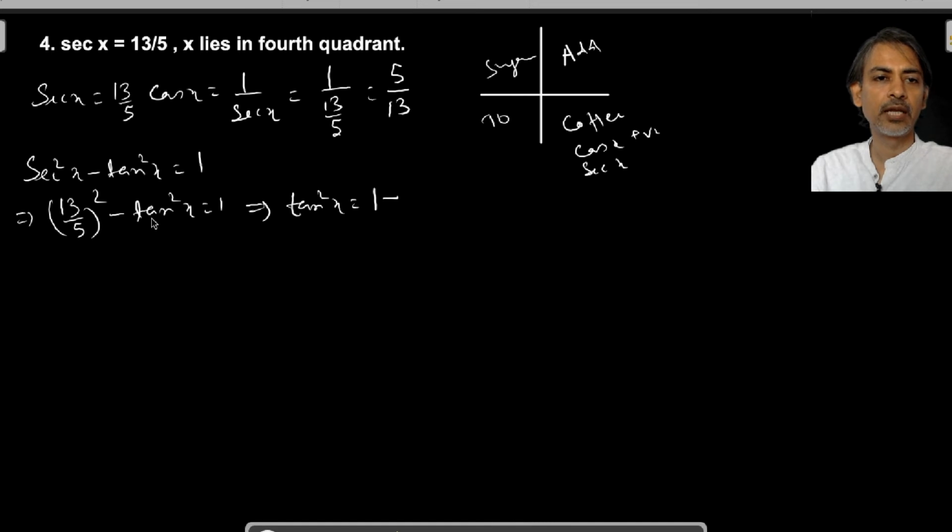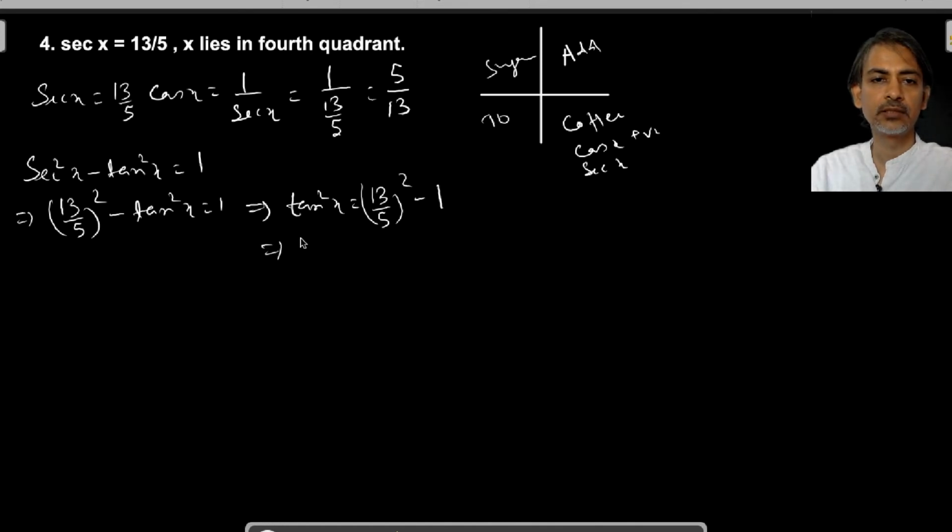So I'll have to go that way: sec square theta minus tan square theta equals 1. So then tan square theta will go that side, sec square theta will come this side. I have sent tan square x to the other side. So it will be 13 by 5 whole square minus 1.